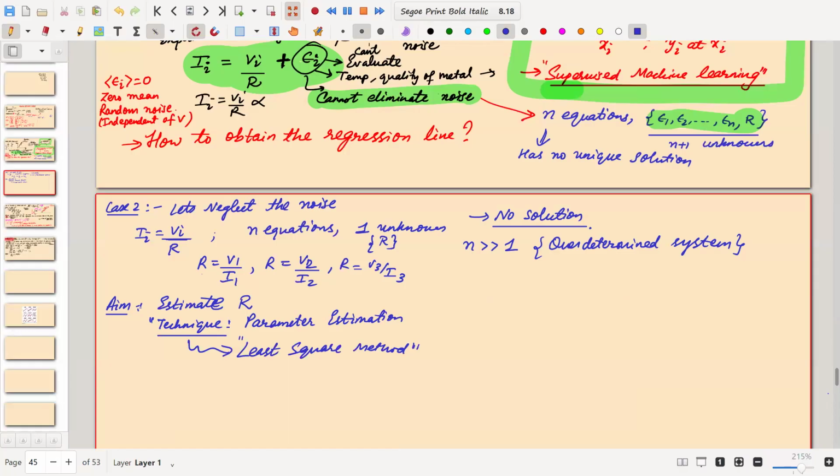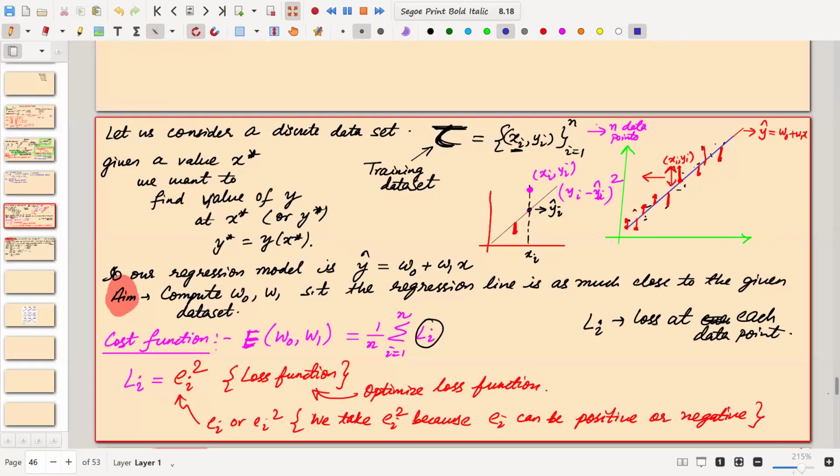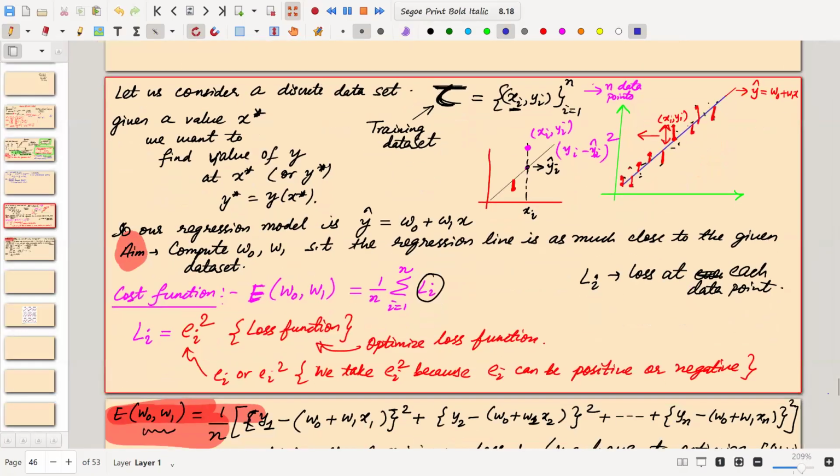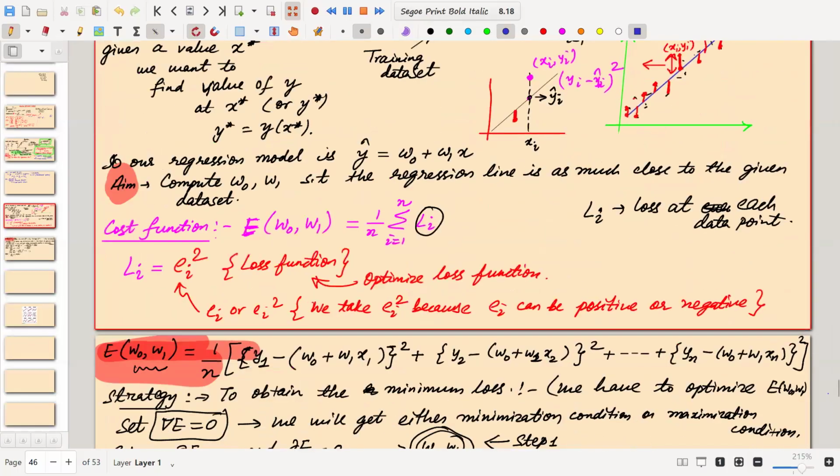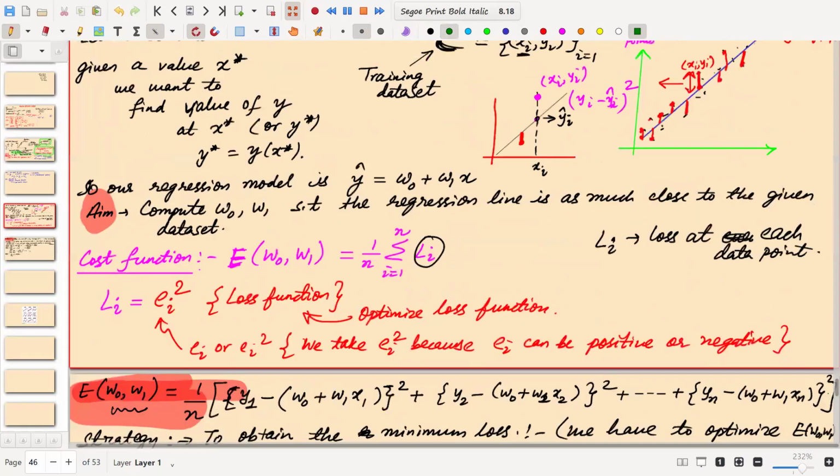I think we already discussed much of it. We discussed the cost function and the loss function, right? The loss function is actually for each data point. The loss function we discussed last class is e_i. You know what e_i is now, right?